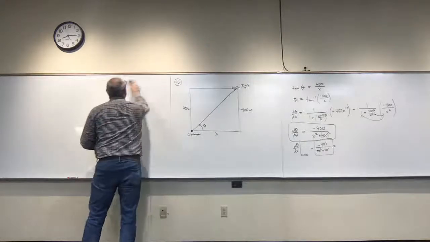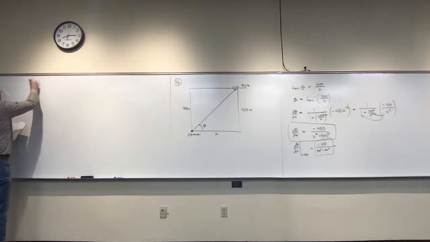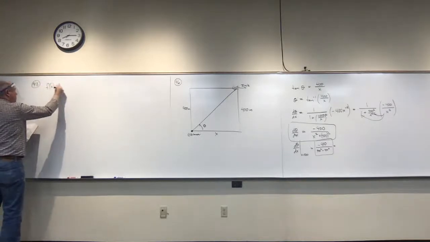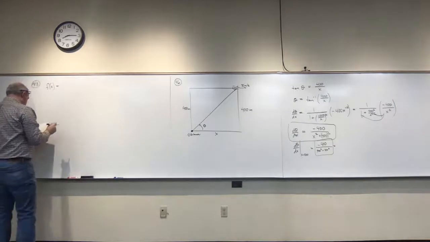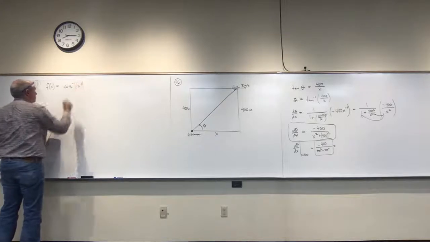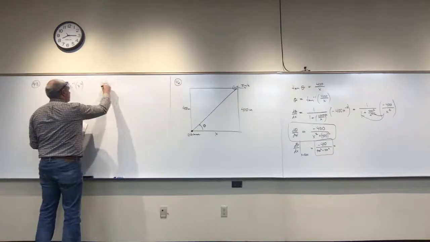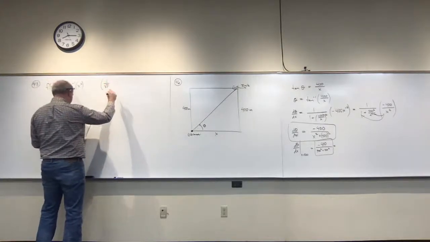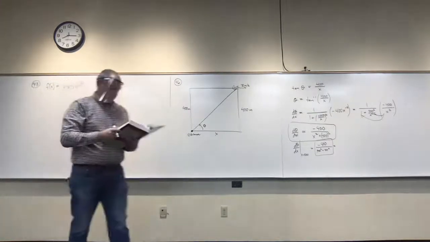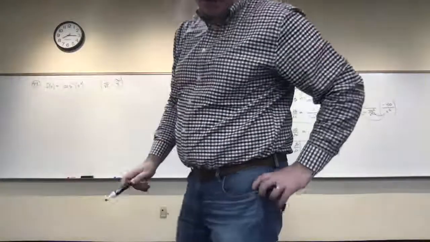So 43, we have f of x equals cosine inverse of x squared, evaluated at 1 over root 2, pi over 3. So we want the equation of the tangent line at the point.